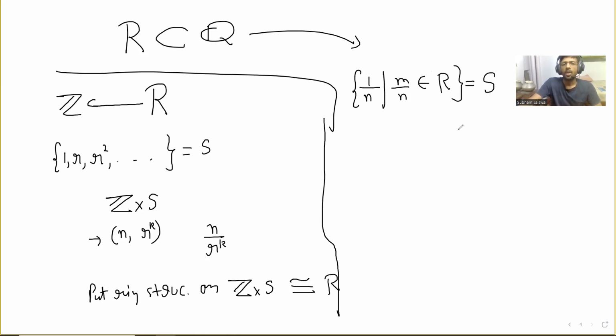So now the claim is that this R is gotten from Z by this kind of procedure. And that is also clear because every element of R is of the form m by n with n in S. Sorry, I should write n here.